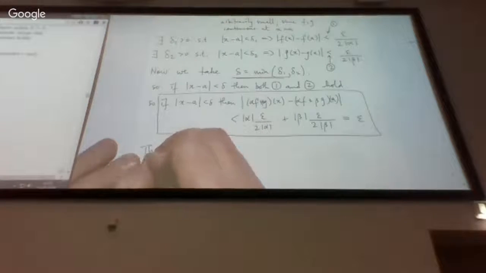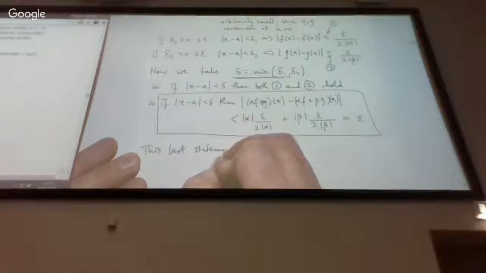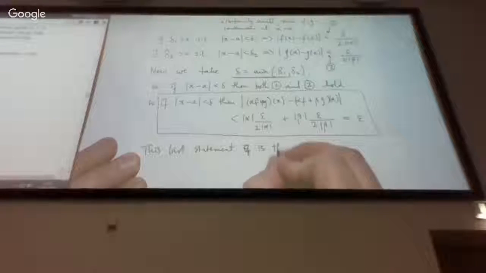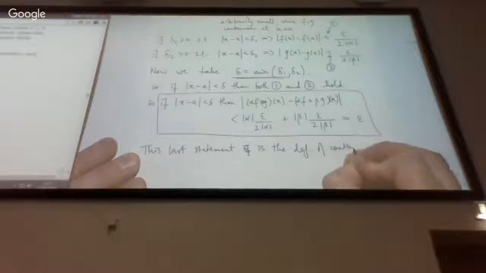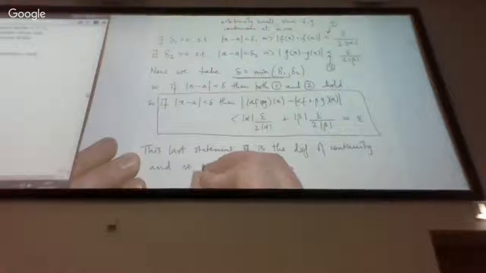So this last statement is the formal definition. This is the definition of continuity. And so the result tells us.